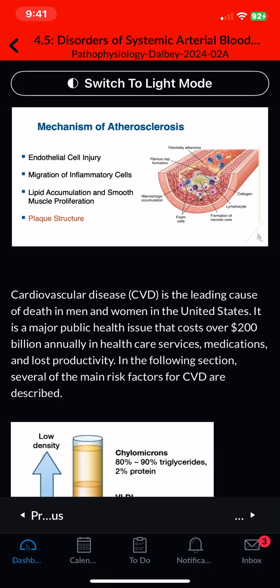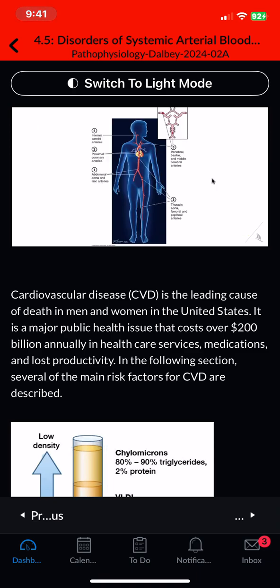We do have those foam cells still present. Here's our fibrous cap. The lesion itself is going to start to narrow and harden that artery. So we'll be affecting blood flow and blood pressure, and it's increasing resistance. If this lesion or plaque ruptures, it can cause a hemorrhage or a thrombosis.